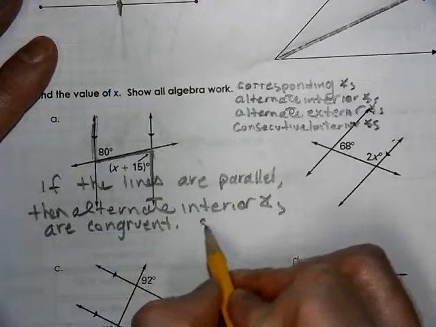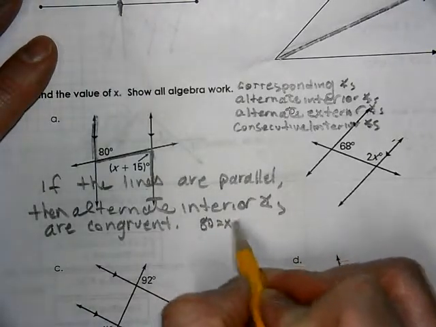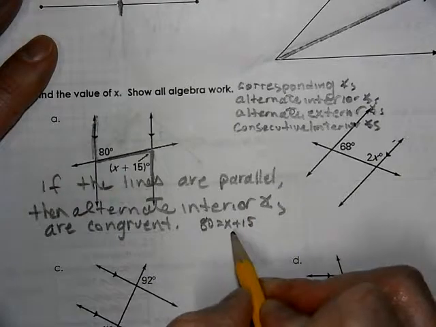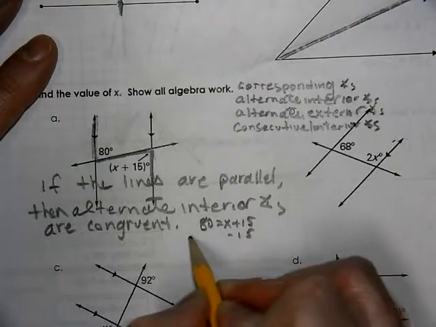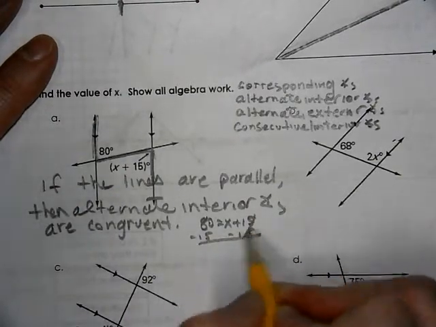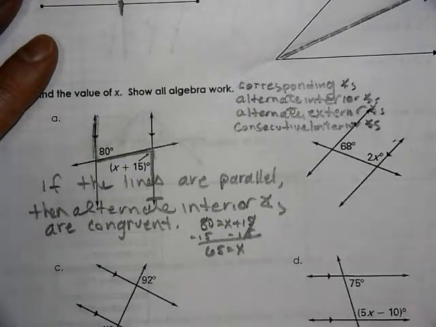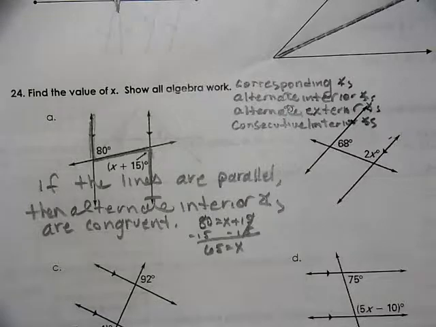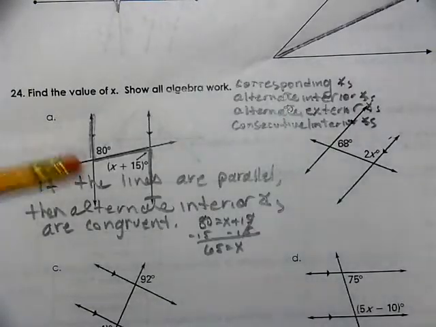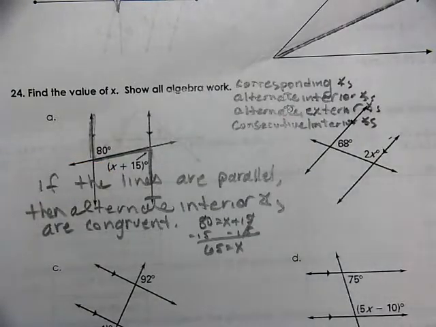So we can say that 80 equals x plus 15, subtract the 15, and we get x, which would have to be 65. It's not 65 degrees, it's just a 65 value for x. The 65 and the 15 add up to equal 80, which is a degree.